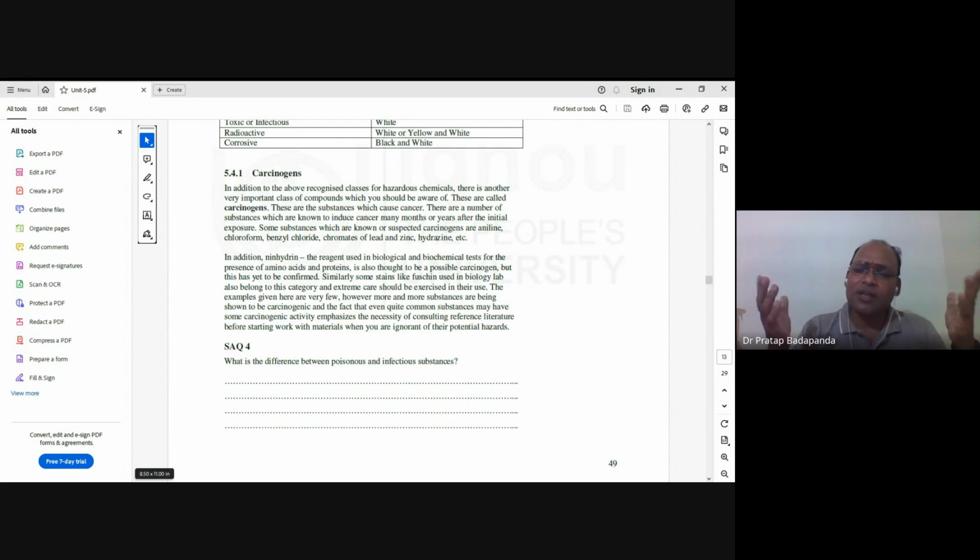Nowadays there are lots of cancer cases. I don't know whether it is due to the growth of medical science and awareness among the people, so that cancer detection is more, or whether our lifestyle leads to more cancer.